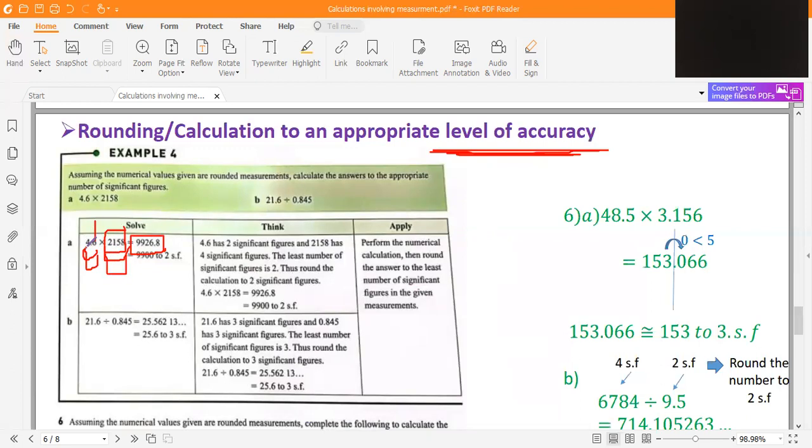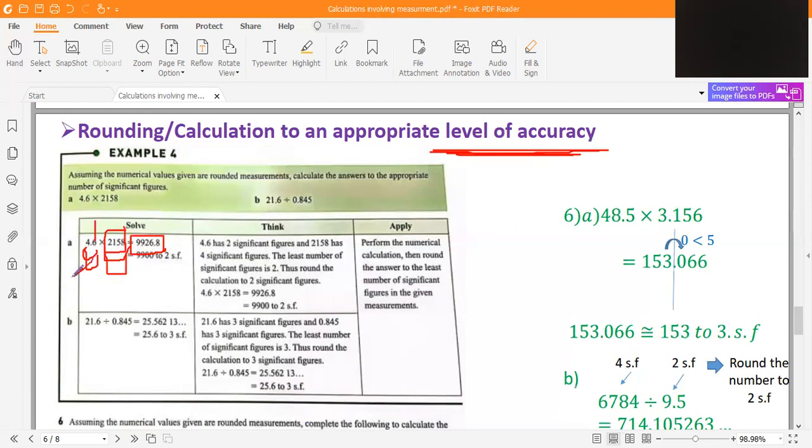Okay, so to the significant figure, for example, if we are based on the number of significant figures, we can round as we see here.